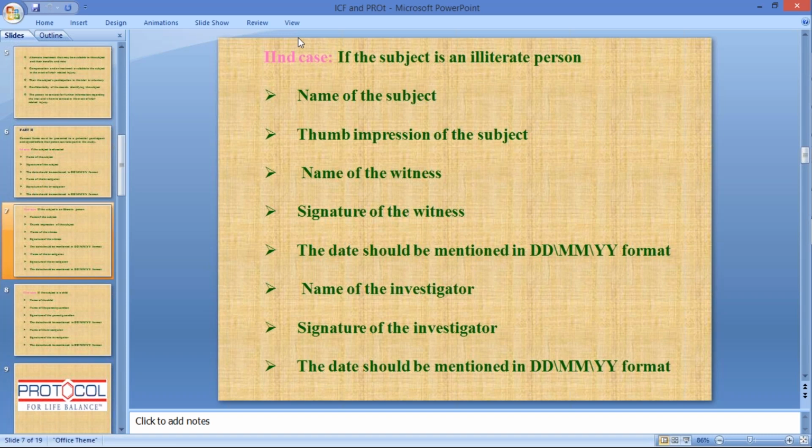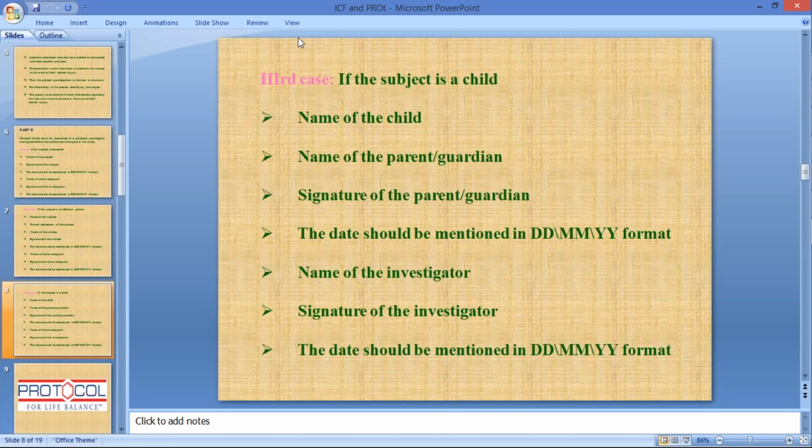Third case, if the subject is a child: name of the parent or guardian, signature of the parent or guardian, date. Investigator name, signature, date.